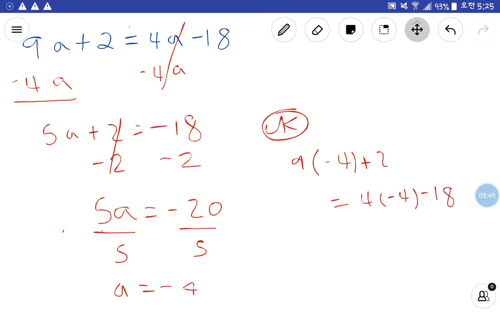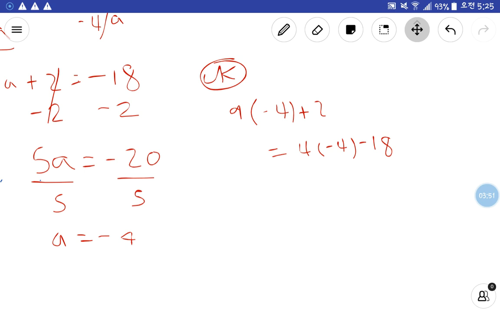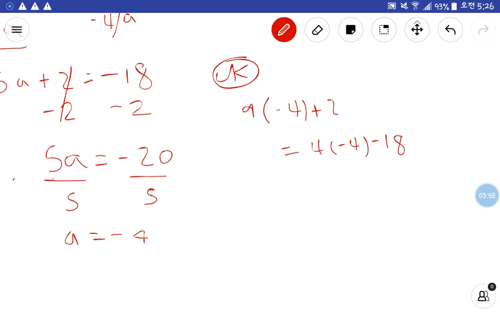When you check, in this case, you always work left and right separately. So 9 times negative 4 is negative 36. So negative 36 plus 2 equals negative 16 minus 18. I saw some people try to solve these by adding 18 to move everything onto one side. Please don't do it.